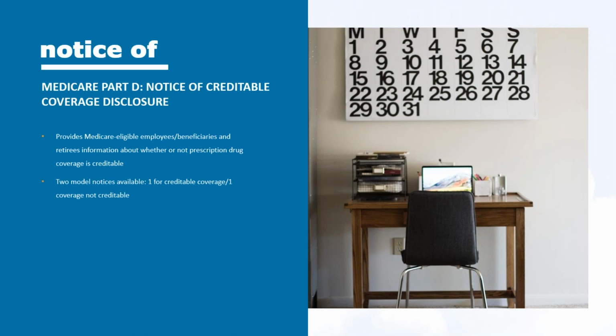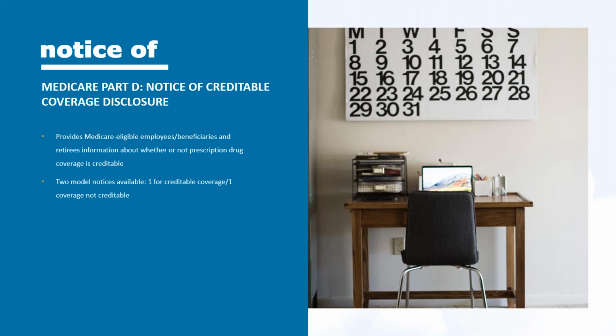There are two model notices available. One for creditable coverage, which means you have coverage that is equal to or better than the Medicare coverage that's offered for prescription drugs, and then one for coverage that's not creditable. The reason that this is important is that if a person who is eligible for Medicare signs up for your plan instead of Medicare, and your prescription drug coverage is not creditable, then they will pay a penalty later on when they decide to get the Medicare prescription drug plan.